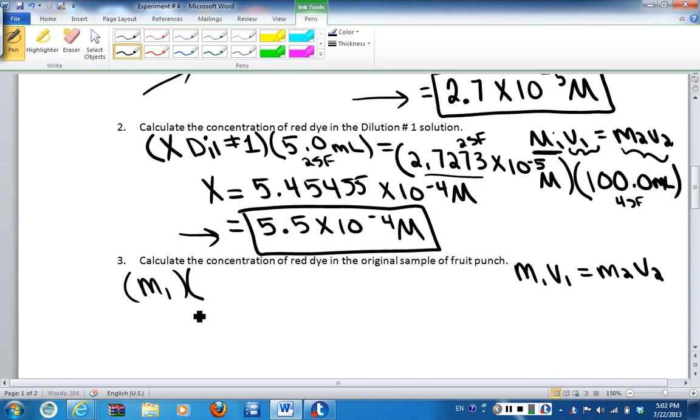And we know that we took 5 mils of that original solution, and we diluted it.